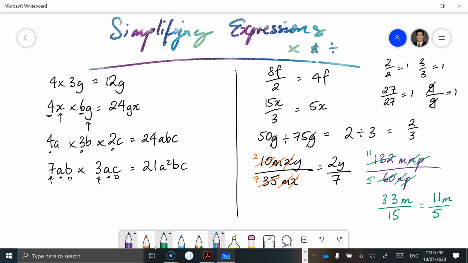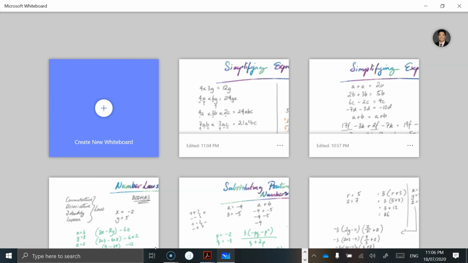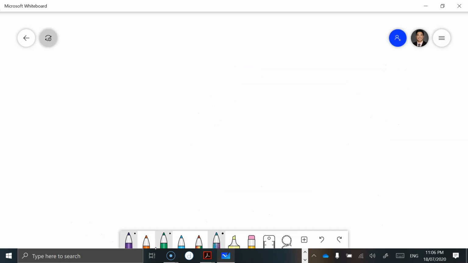It really helps you with your division and simplification. If your familiarity with your timetables is not so great, then this is a really good time for you to practice it to make things a lot easier and more efficient. As we get to more complicated things, it's not going to be as hard or time consuming. And that's what we're going to do right now. We're going to move on to something a little bit more complex.